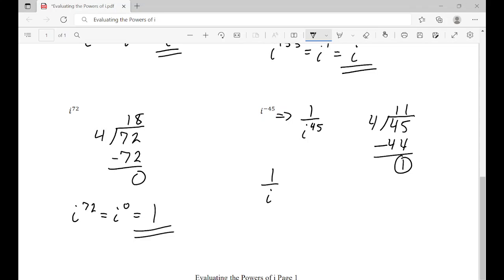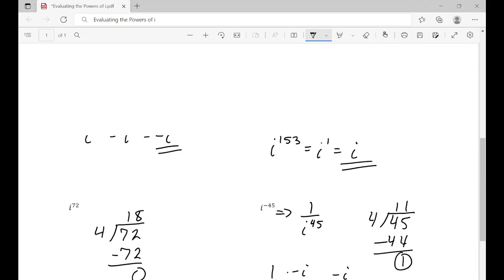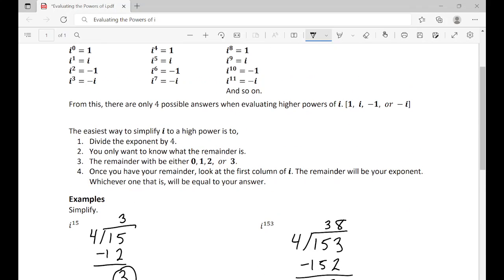Now again, this doesn't help us because we don't want a fraction. So what we're going to do is multiply by the conjugate, so multiply by negative i. Up top, we're going to get negative i, and in the bottom, we're going to get negative i squared. And don't forget, i squared is equal to negative 1.